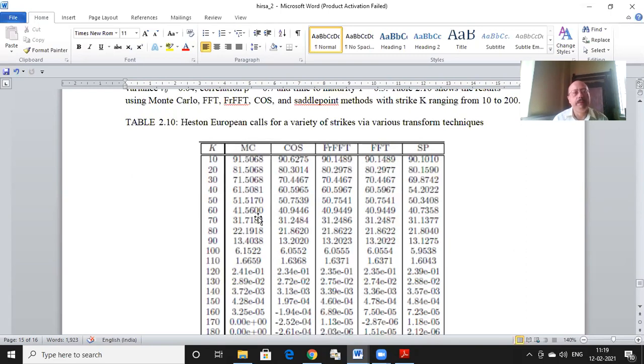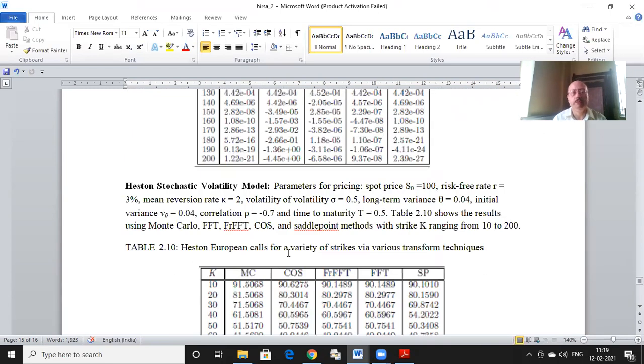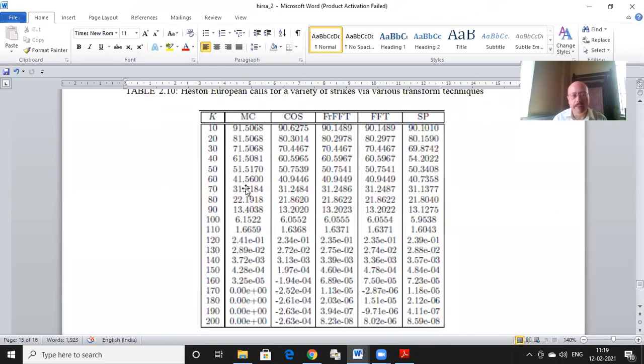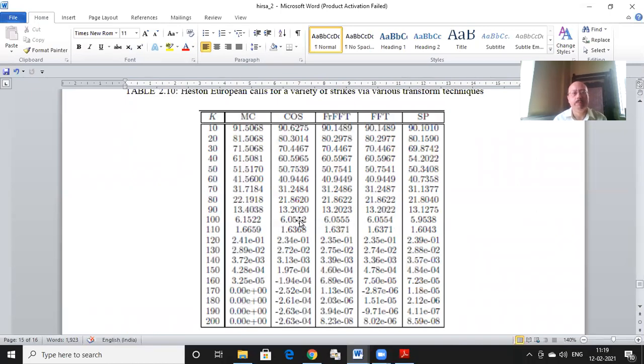So our comparison will be all these other methods against the Monte Carlo result. So instead of the Black-Scholes column which we had, we now have the MC column here. And again, similar conclusions: you can see that when I am near the stock price, these methods work comparably well.